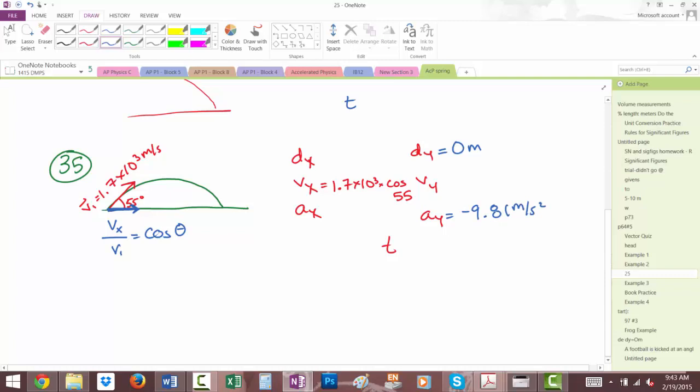We're getting closer. Melissa, go ahead. Would Vy then equal 1.7 times 10 to the third times sine of theta? Yeah. Nice. Good job. One more thing that I should be able to fill in.